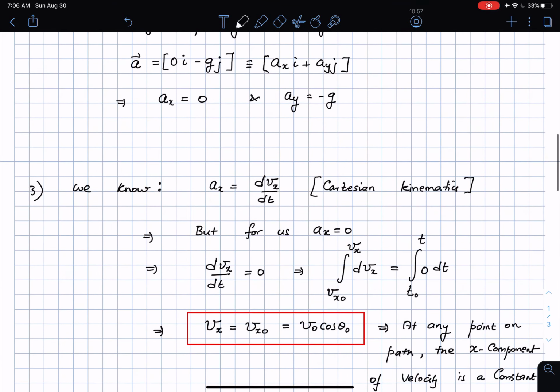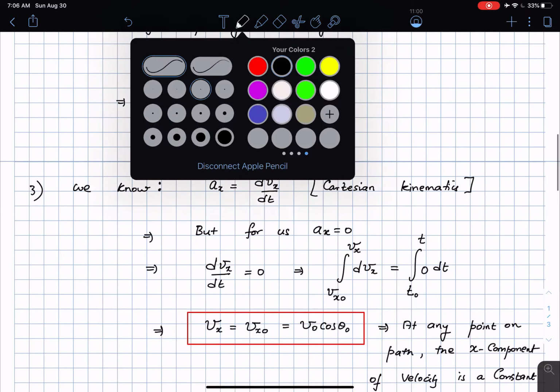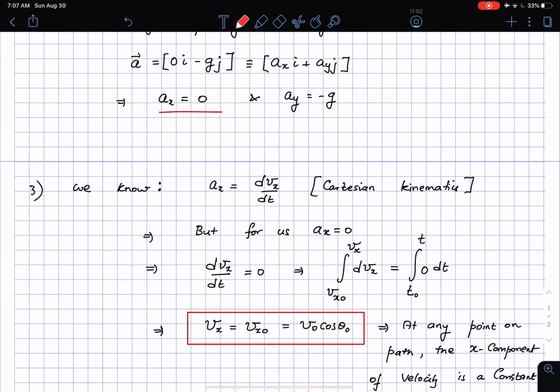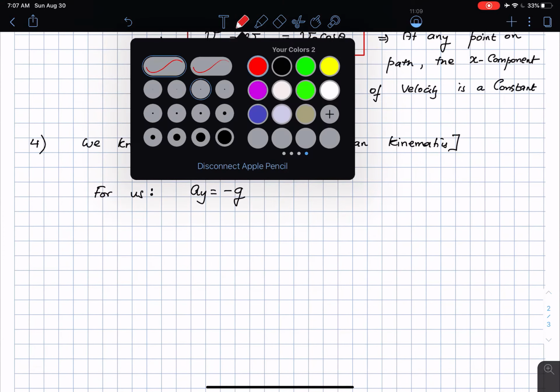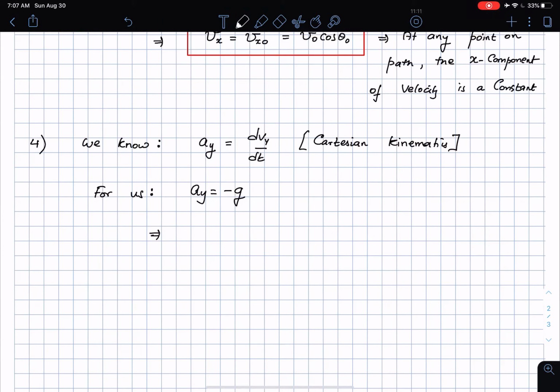This is what we had from there. Maybe I want to put a line on these two as well, as these are also crucial pieces of information. So ay is equal to minus g, which tells me that dvy by dt is equal to minus g, which means I can cross multiply and say dvy is minus g times dt.